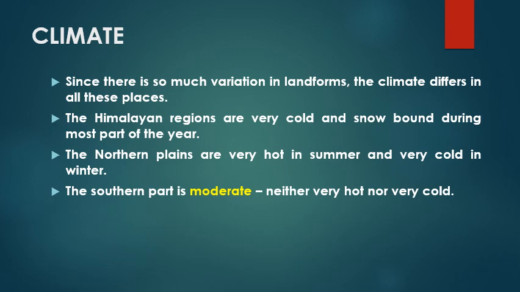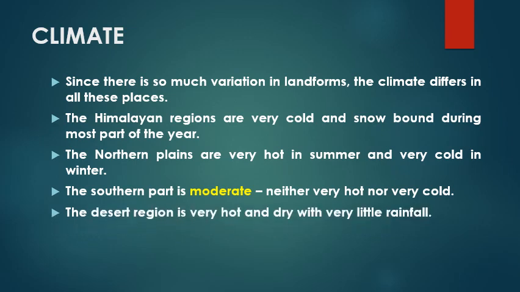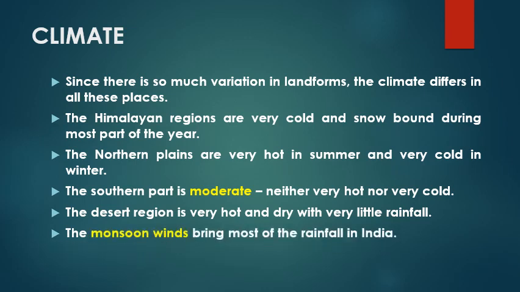So it is moderate. The desert region is very hot and dry with very little rainfall. And the monsoon winds bring most of the rainfall in India. So our country, India, the rain is mainly dependent on the monsoon winds.